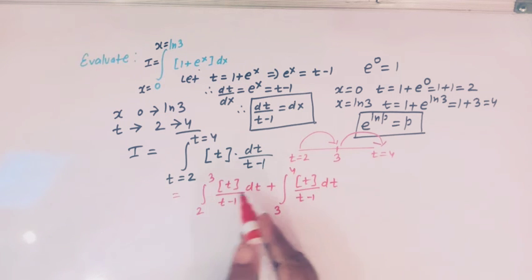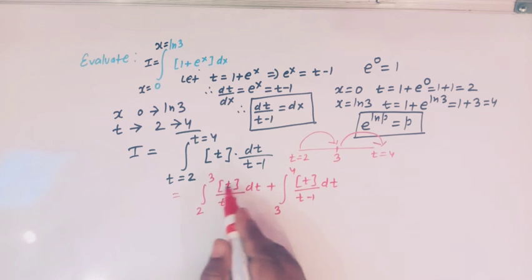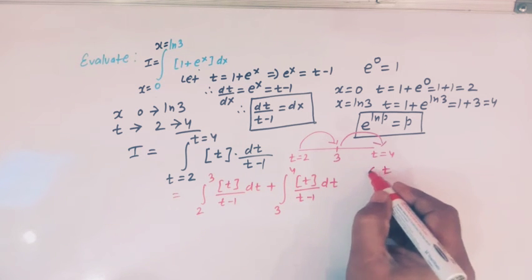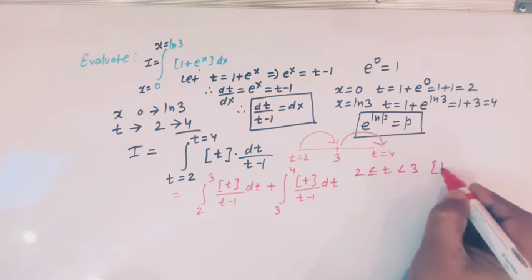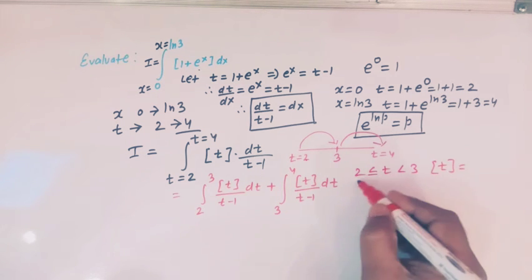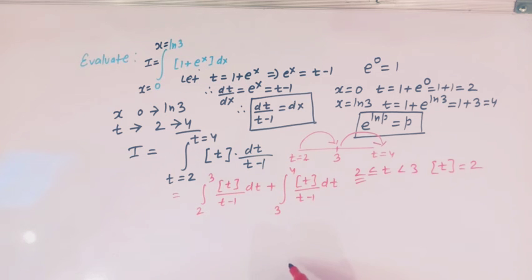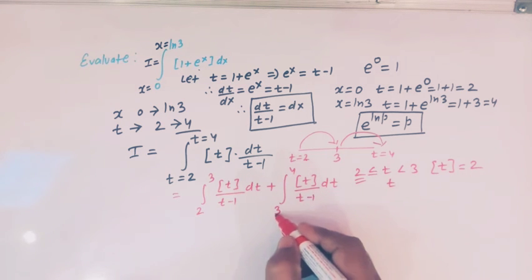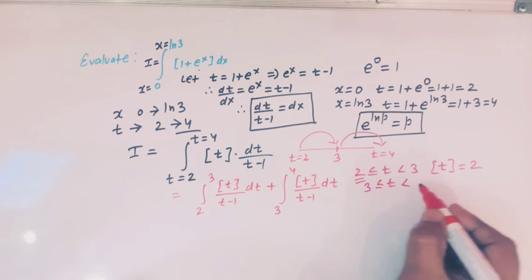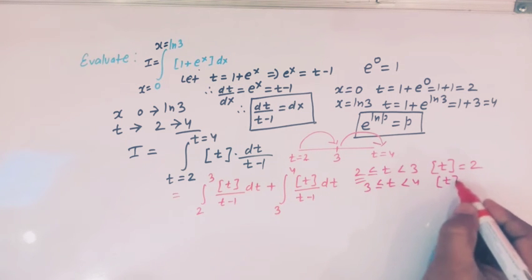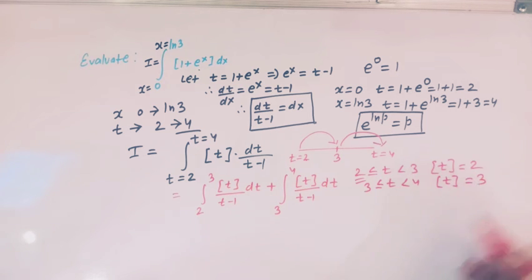Now let us make use of the definition of the greatest integer function. When t lies between 2 and 3, the value of greatest integer t is simply 2. And when t lies between 3 and 4, the value of greatest integer t is equal to 3.